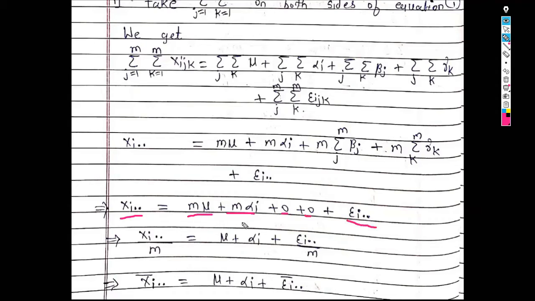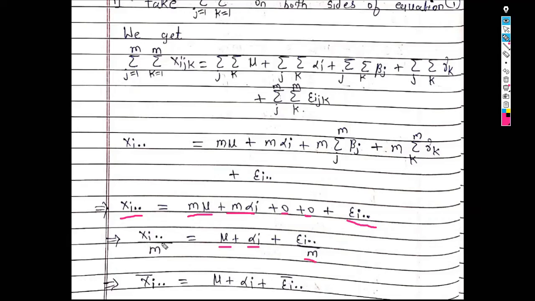Now divide by m throughout the equation. So we get x i dot dot upon m equals mu plus alpha i plus epsilon i dot dot upon m.